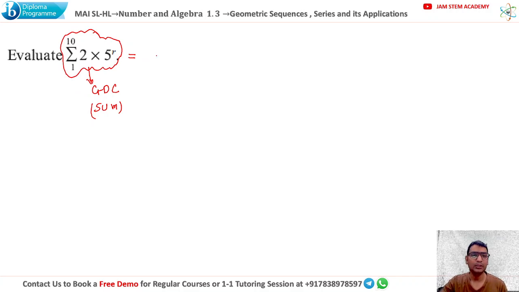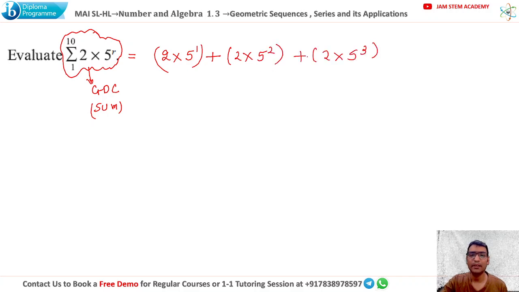Or you can form a GP using this. Let me show you. Put r equal to 1, and I get 2 times 5 to the power 1. Then, plus 2 times 5 to the power 2, plus 2 times 5 raised to the power 3. The sigma means addition of the terms, so here I am adding the terms after substituting those values, and this goes on up to 2 times 5 raised to the power 10.